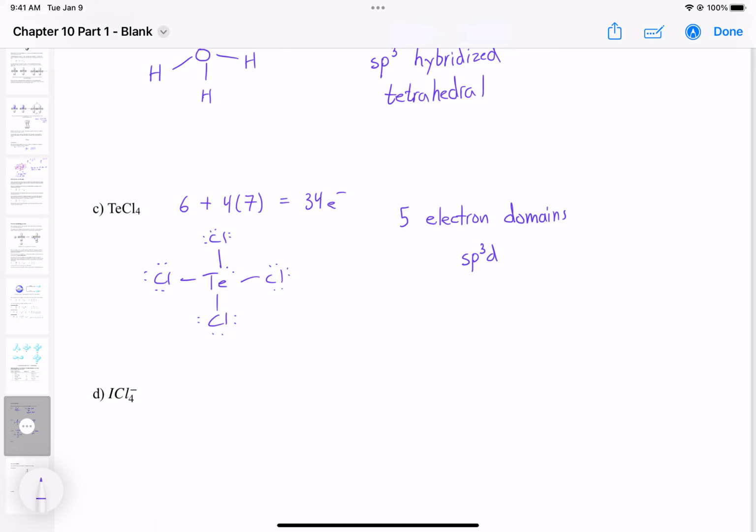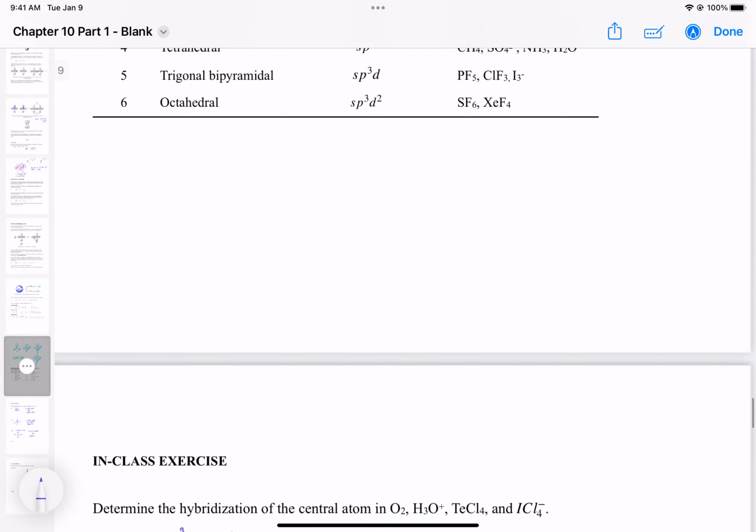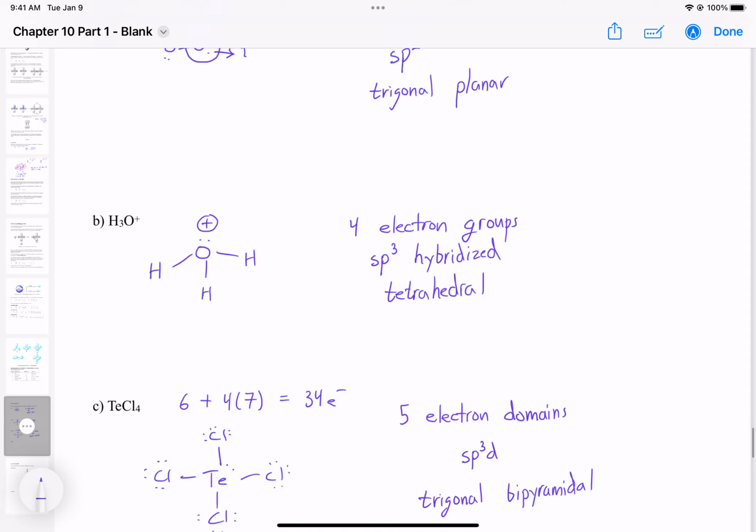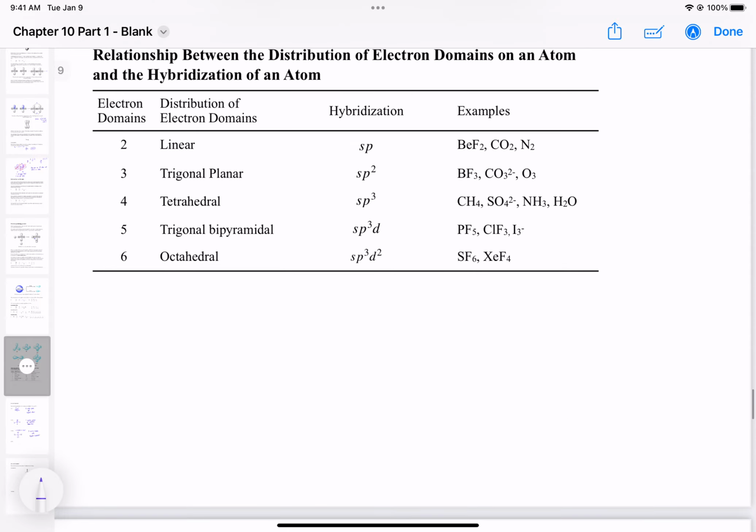Okay, and what is this geometry going to be? Trigonal bipyramidal. Let me see if I'm spelling it right. Okay, and we have a trigonal bipyramidal.